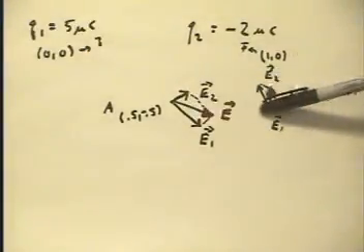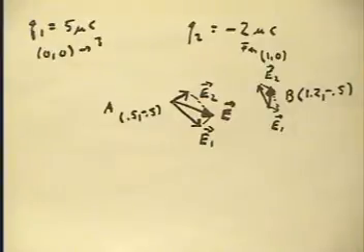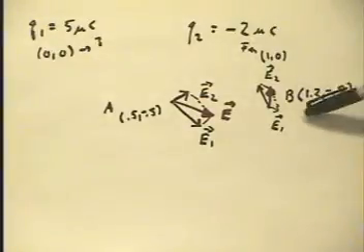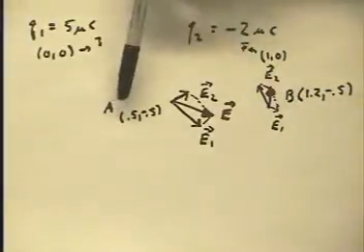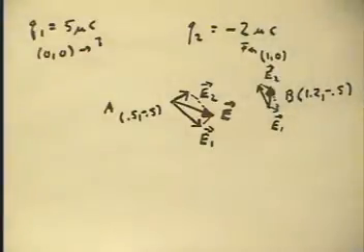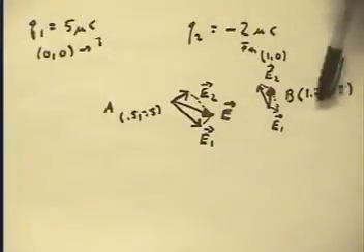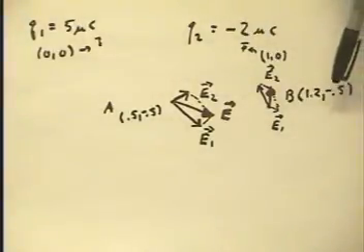But we can see that as we move further and further away, if we move out in this direction beyond point B, that is, we look at point A, then point B, and move beyond point B, the electric field due to each charge is going to fall off rather rapidly as we move away.